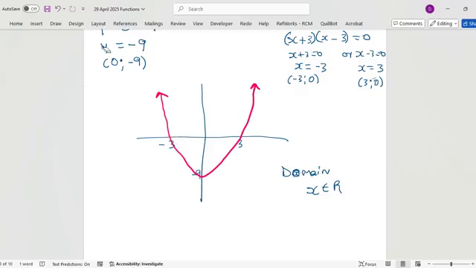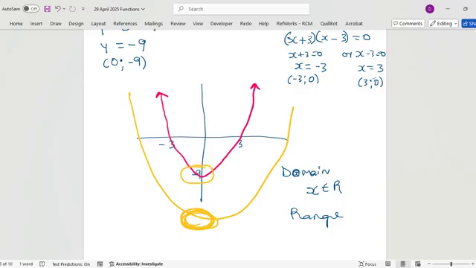But what if I'm talking about the range, sorry, the range? If I have to draw this graph, can I draw this graph somewhere here? No. Why? Because I can't move at this point. I'm only limited by this point. I can go draw the graph, it can go up, up, up, but it cannot go down.